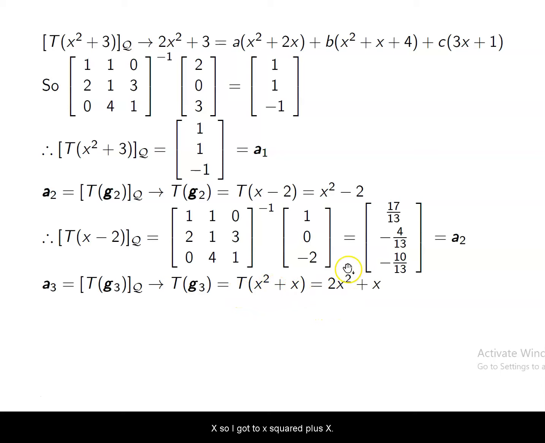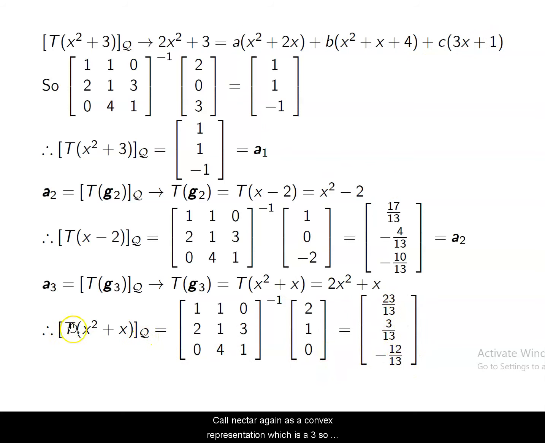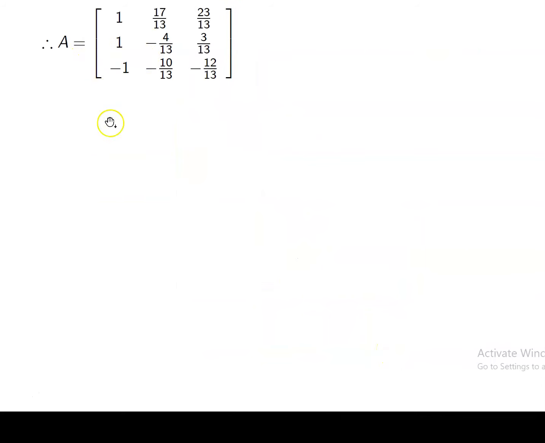So I got 2x squared plus x, evaluate at 0, so I add nothing to it. And then I take this, and this turns into a column vector, 2, 1, 0. I multiply it times the inverse of what I form from here, right? Okay, that's going to give me out a column vector. Again, that's a column vector representation, which is A3. So now my transformation is just this, this, and this in that order. Okay, so that is my transformation matrix.